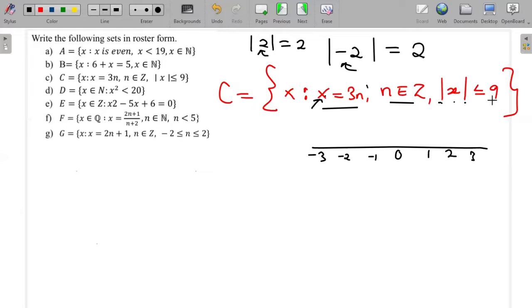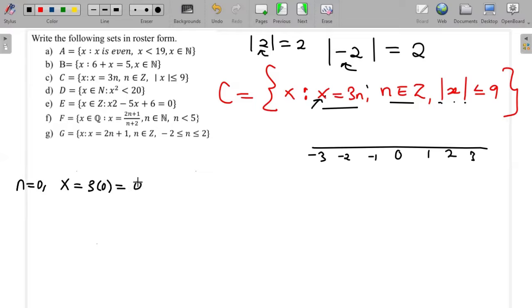So what we're going to do is start from the 0 point, and then we start moving to the left and also to the right, and notice what is going to happen. I'll first get 0. If my n is 0, what will happen to the x? x will just be equal to 3 multiplied by 0.